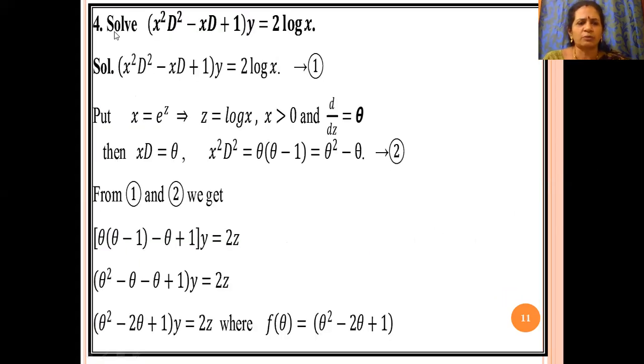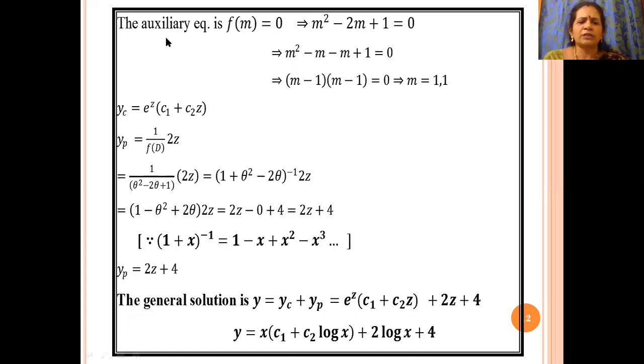Coming to the next problem, solve (x square D square minus xD plus 1) y is equal to 2 log x. This is Q. Whereas directly it is in the differential operator form, so we can take x is equal to e power z and convert it to Cauchy-Euler equation form. So finally we will get f of theta is equal to theta square minus 2 theta plus 1.